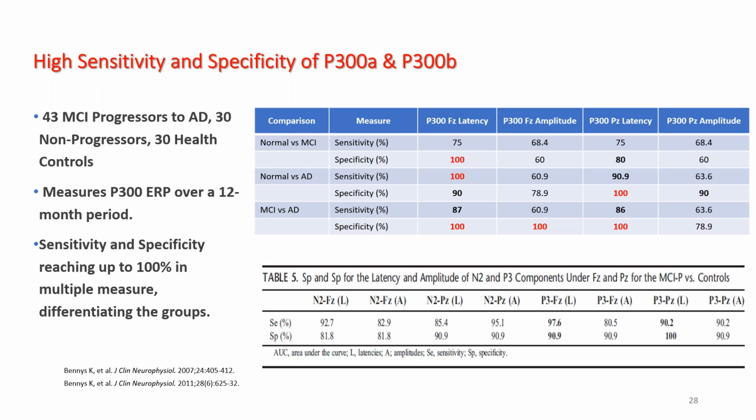The sensitivity and specificity of the P300A and P300B are very strong. And Benny's research is one of the researchers who's done some good work here. There are others as well. I just show his because the sensitivity in some cases is as high as 100%. So looking at the P300 latency at PZ, which is called the P300B.